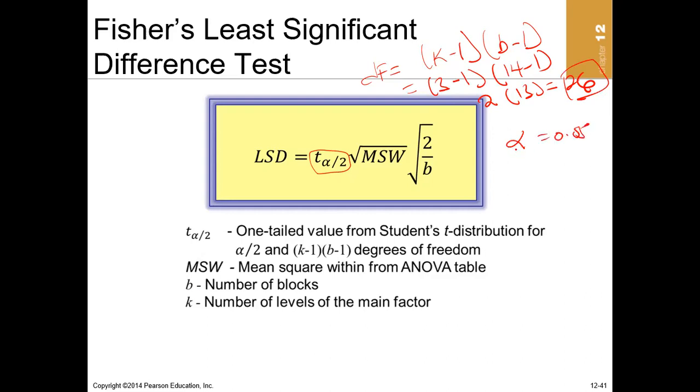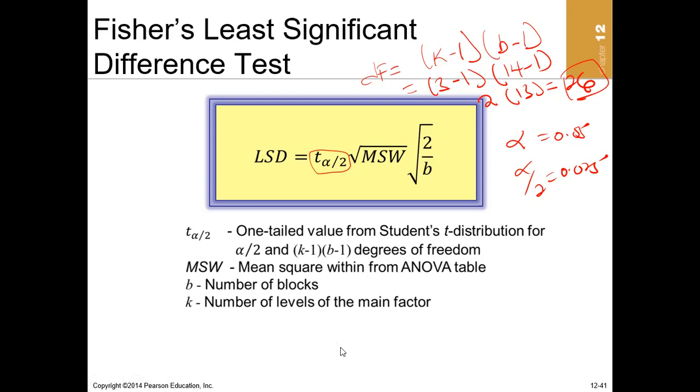Because every LSD test is two-tailed, alpha is divided by 2. So one of the tails will be 0.025, and then the two tails combined will be 0.05.